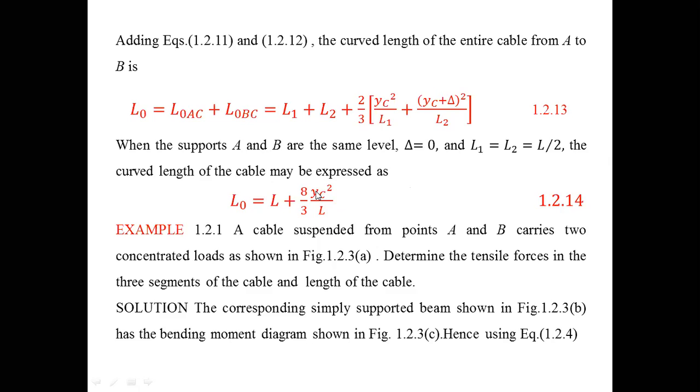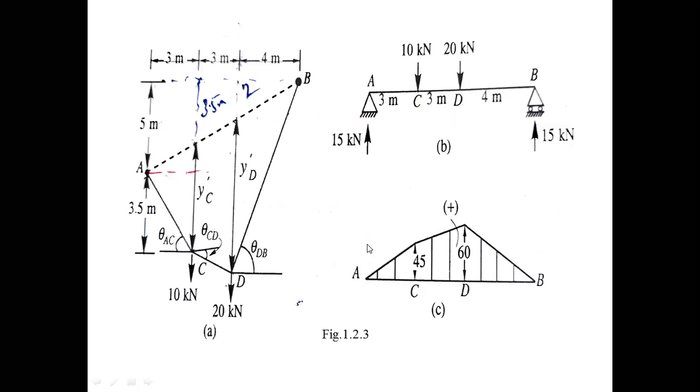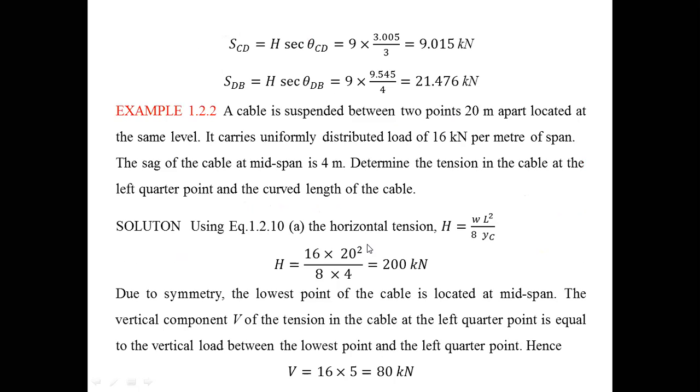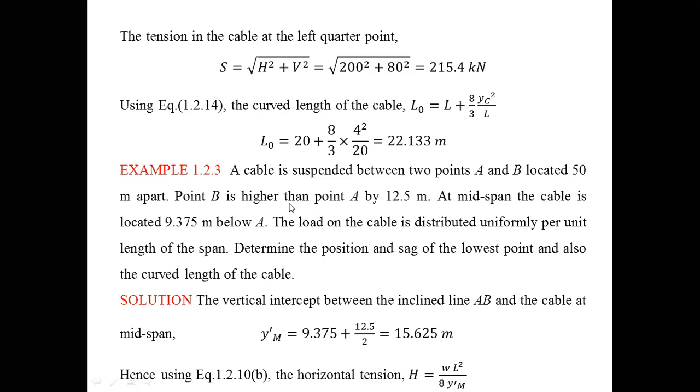Use equation 1.2.14. Then you find the length of the cable if it is subjected to uniformly distributed load. The curved length of the cable is L plus 8 by 3 YC square by L. L is given 20 meters, and YC is known, 4 meters.